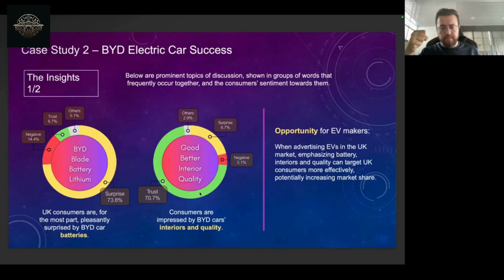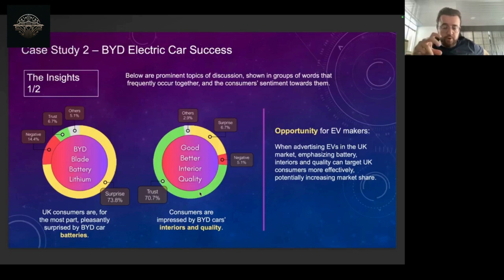So if you look at this kind of insight, what would the opportunity be, right? Where is the opportunity for an EV maker? Let's say you work for Tesla, or you work for some other electric car company, and you want to think about how to use these insights for your own benefit. You're thinking to yourself, what is the opportunity, right? Here we would say that when you're advertising an EV in the UK market, you should emphasize battery and interior quality, right?